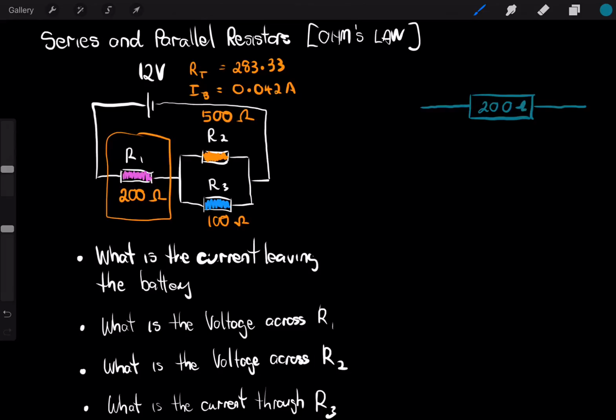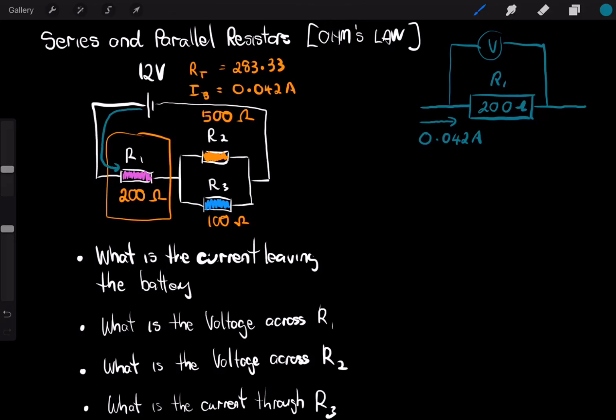We know the current leaving the battery, we calculated that, but we also know all of it will go through R1 because R1 is in series with the battery. So the current going into that resistor, R1, is going to be 0.042 amps. And what we want to do is work out the voltage across that resistor.